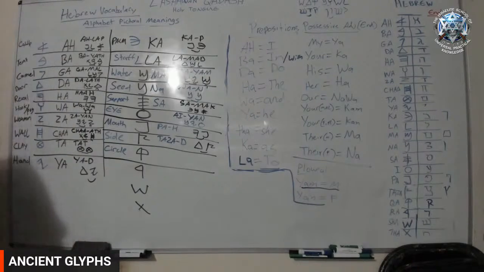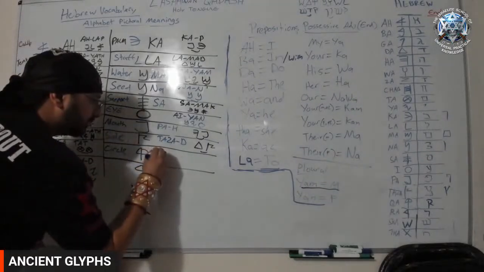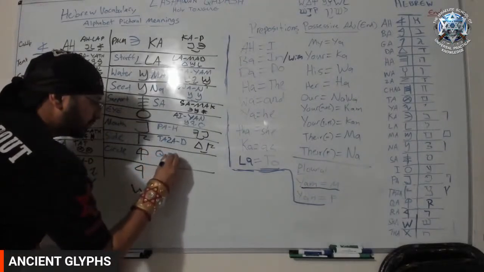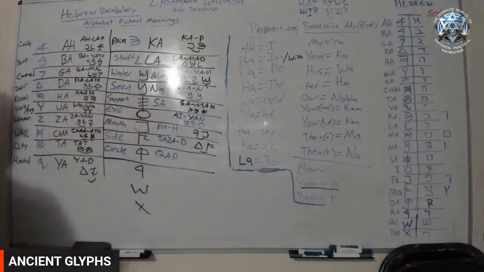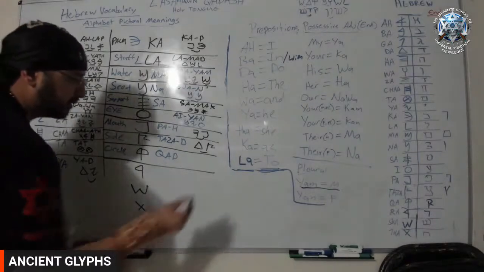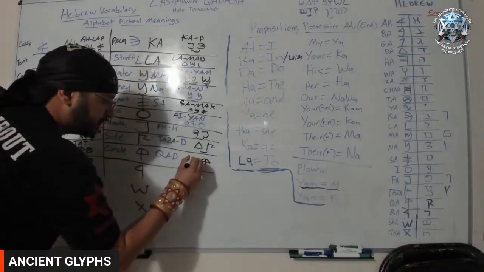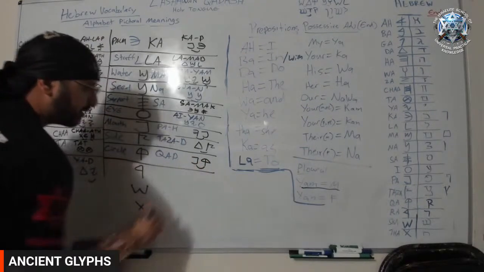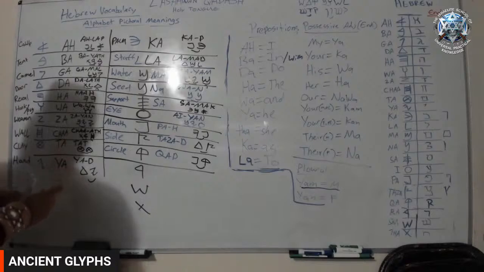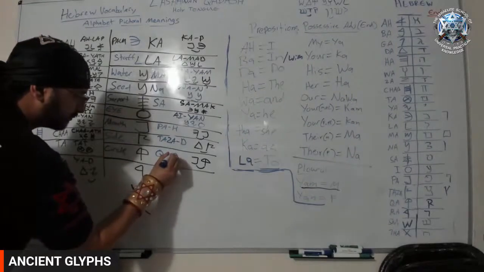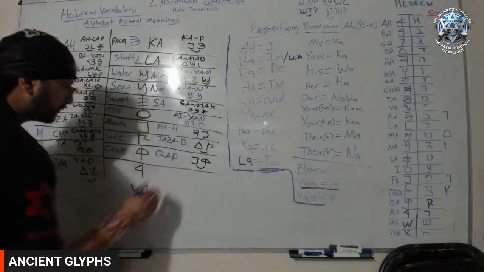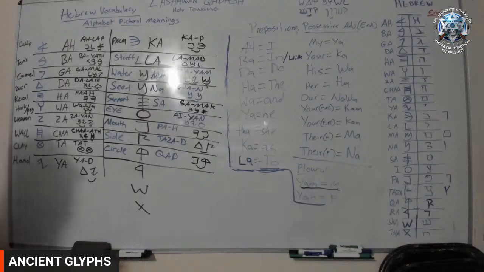In the ancient Hebrew, it is pronounced qua. And that looks like this. Qua. Circle.